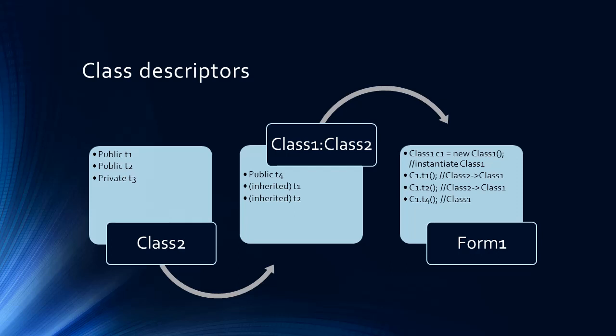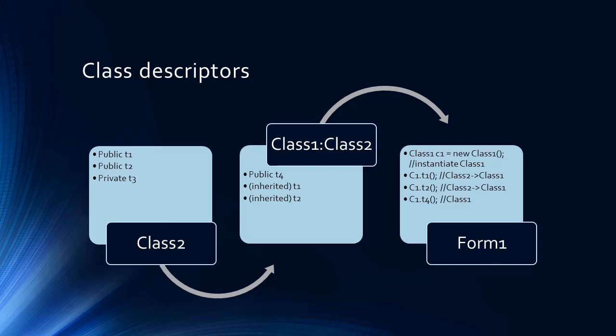So if we want to get to any of these methods, you can see that we can say C1.T1, that gets to the T1 method. Even though that's in class 2, it is inherited in class 1, so we can still get to it. And if we want to get to T2, the same thing.